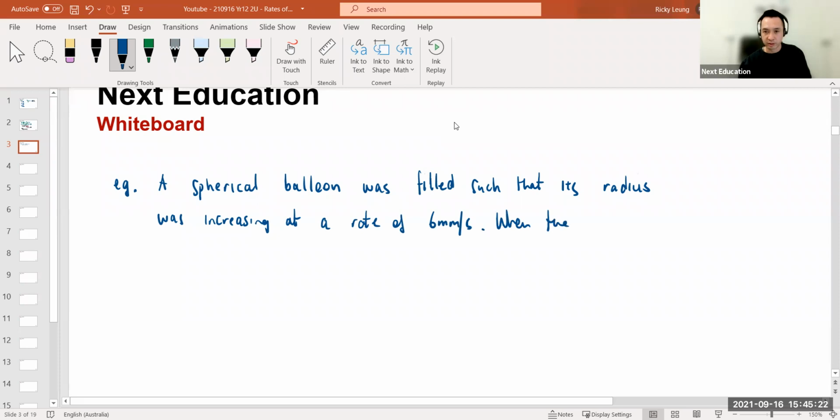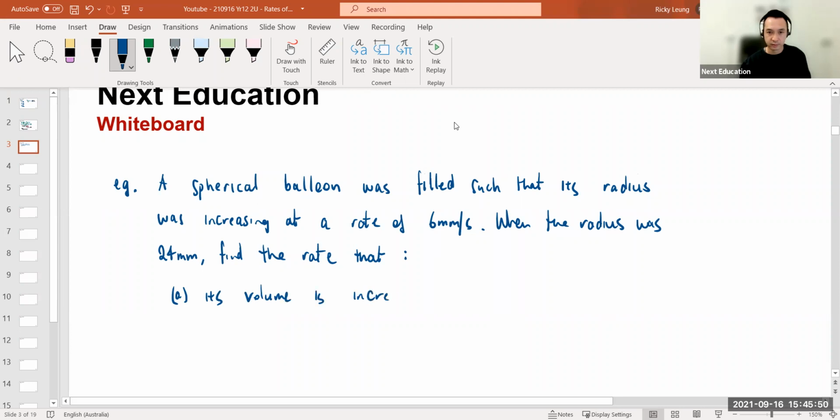When the radius was 24 millimeters, find the rate that A, its volume is increasing at, same as before, and B, its surface area is increasing at.